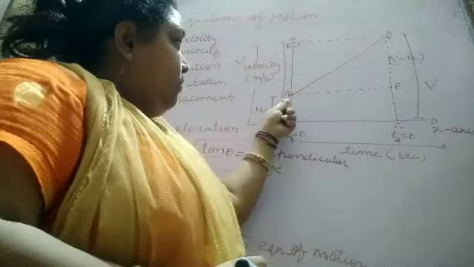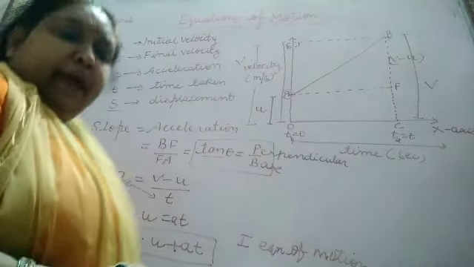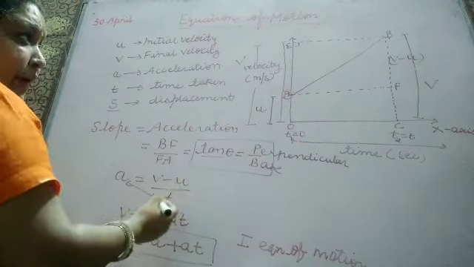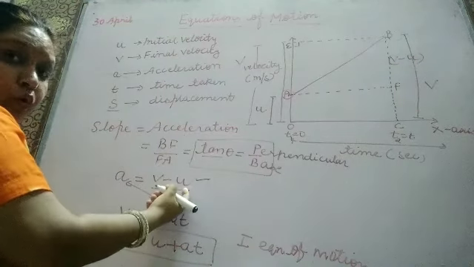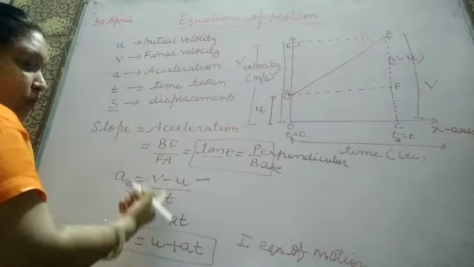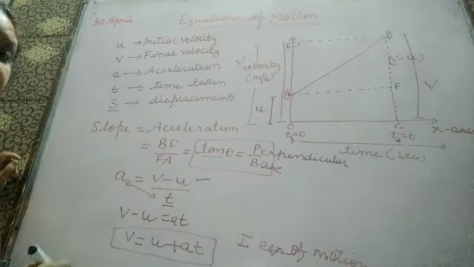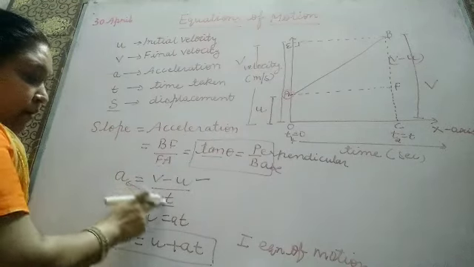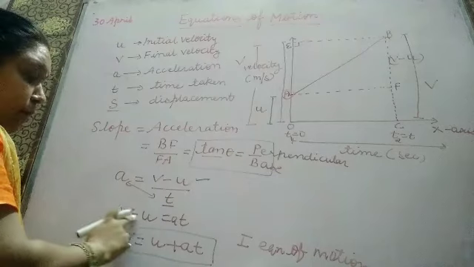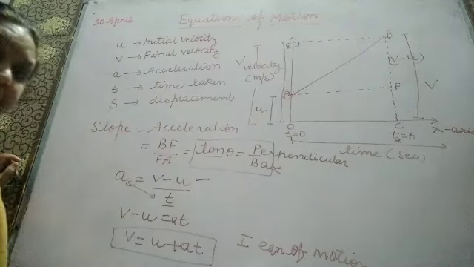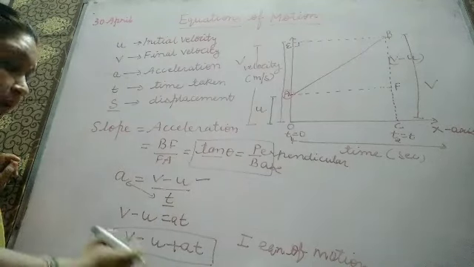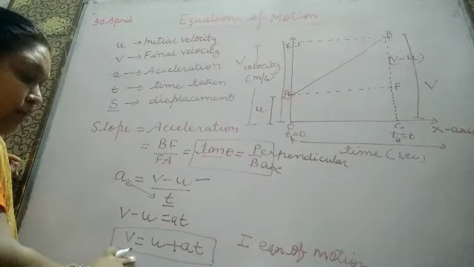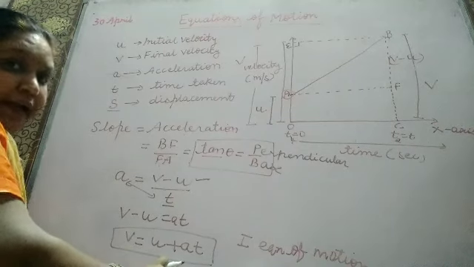And what is base? This FA. Okay. Then in place of BF, I have put V minus U, upon, in place of FA, I have put T. When we cross multiply it, I am going to get V minus U is equal to AT. And I can rearrange it and write again V is equal to U plus AT.